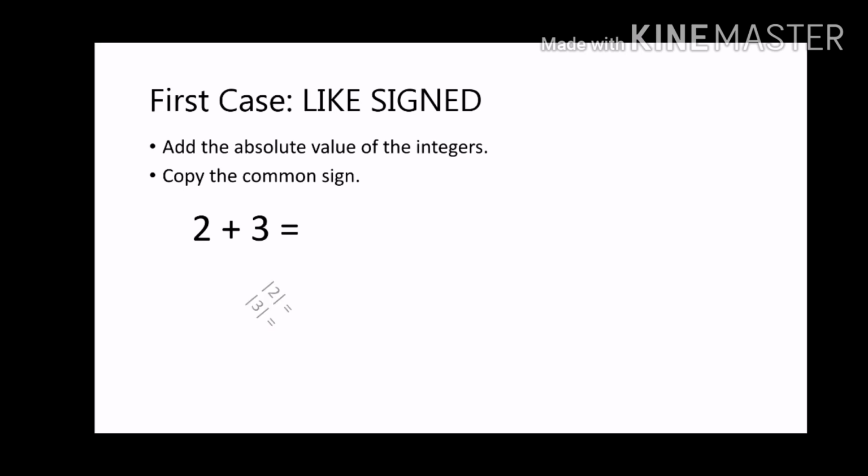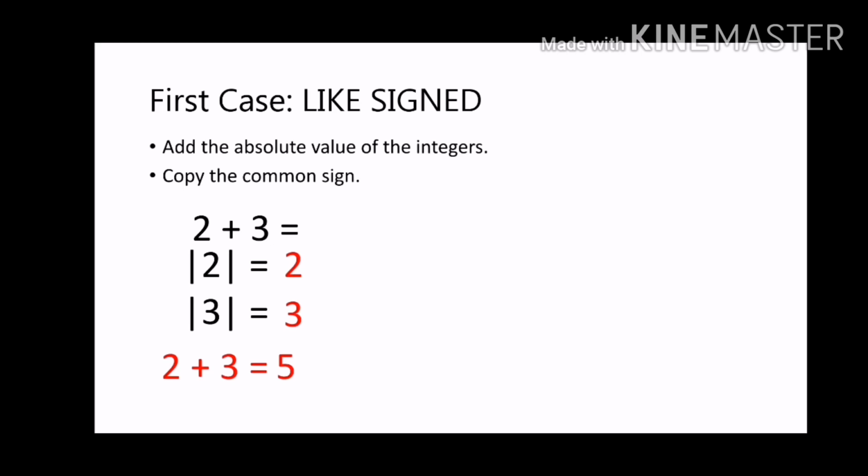The absolute value of positive 2 is still 2. The absolute value of positive 3 is still 3. Then we get the sum, and that is 5. But that is not yet our final answer, since we need to consider also the common sign.